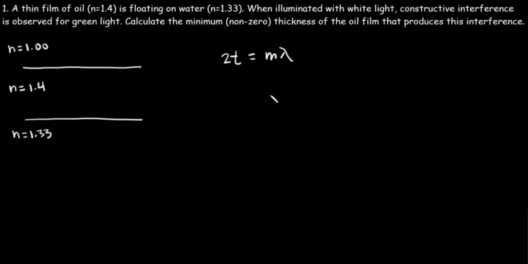And then for destructive interference, it's 2T equals m minus 1 over 2 wavelength. But the weird thing is that it only works if m is greater than 0, this formula.